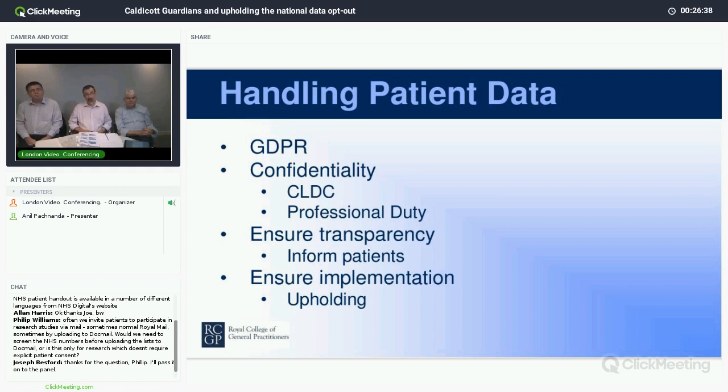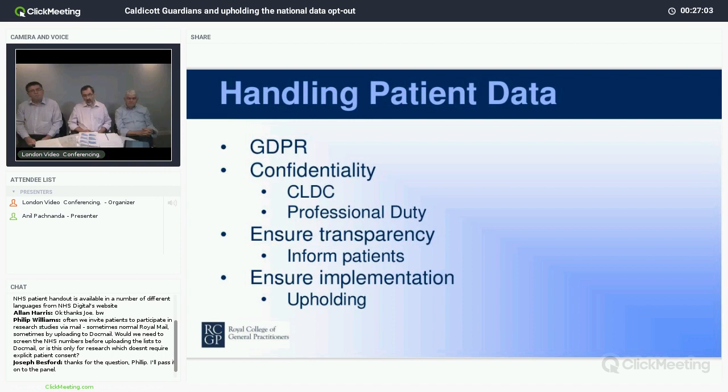The patient may say, sure, you can use my data for this research purpose or this planning purpose, and that's fine. But sometimes it's not practicable to get consent from all patients, and there are a number of legal ways in which you can override the common law duty of confidence without getting consent.